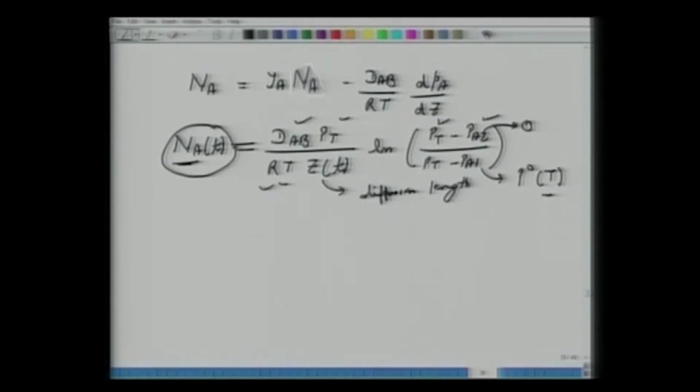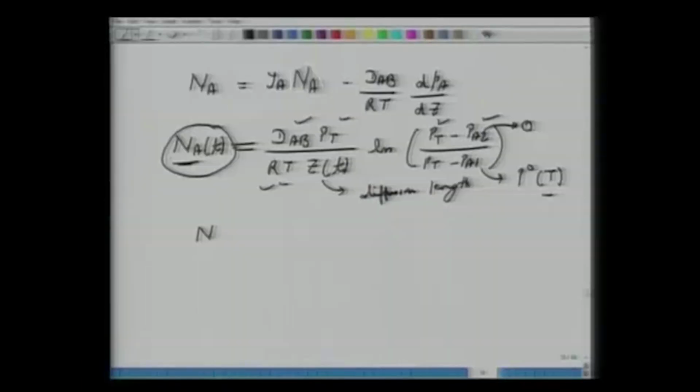So the question here was, what is the diffusion flux at the instant when the level is 7 centimeter. So we have essentially Na at t equal to 0, and all we have to do is to substitute the correct value of Z at t equal to 0.